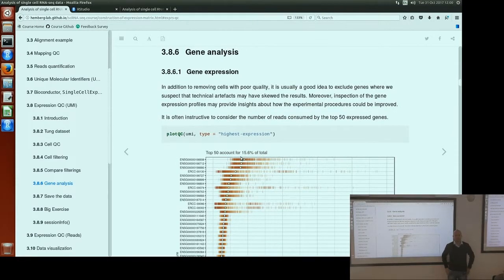Is it clear? Yep. So, is there any need to use the spike-ins really? Because if you can use the transcript counts, and if you don't have the spike-ins at the beginning, then you could just exclude your cells by the expression level without having the spike-ins anywhere to start with.